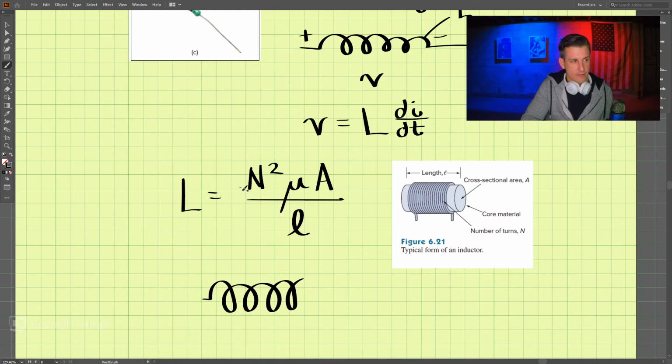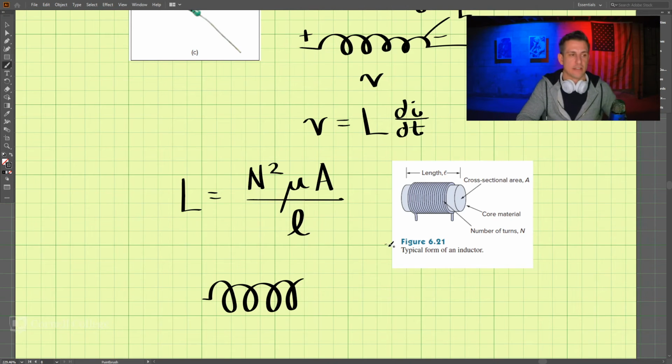That is N, the number of turns. A is the cross-sectional area, how big that is. And L is the length, how long it is.